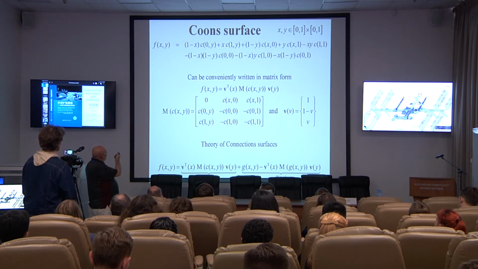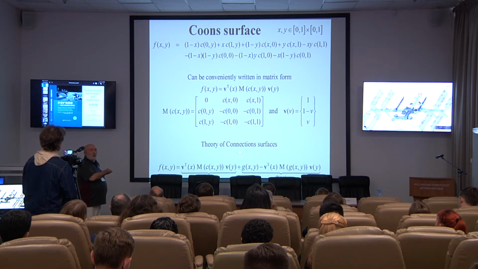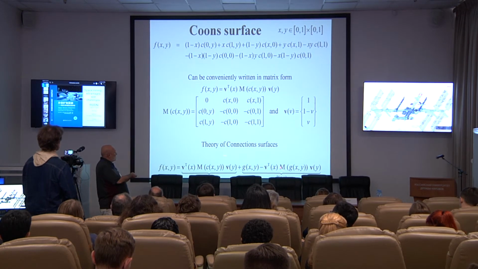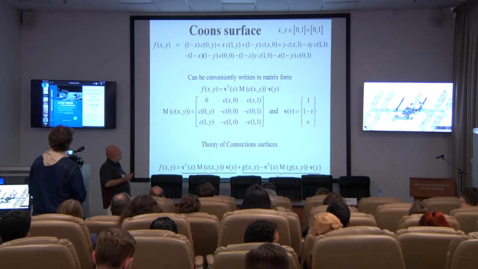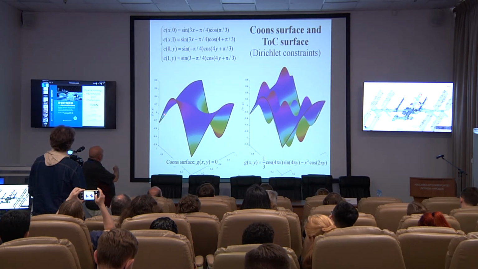So using the solution of Coons, we can extend this theory to all possible functions that satisfy this constraint, just by adding basically the 3 terms that are always 0 at the constraint. This is an example. This is the Coons function.